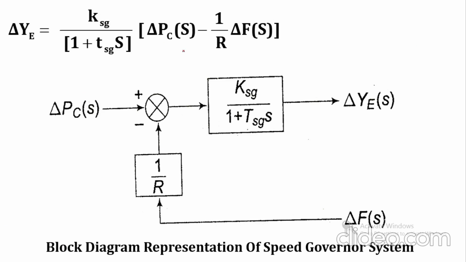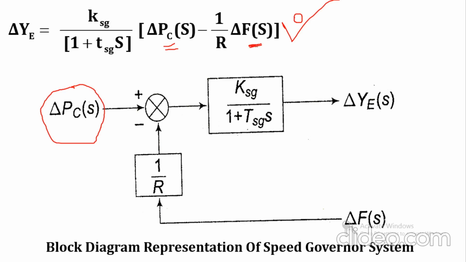So this is the final equation, and based on it I can draw the block diagram which represents the turbine speed governing mechanism. We have two types of input, delta PC of S and delta F of S. We know that the incremental power or power command signal is at the input side. So I will represent first delta PC of S, and frequency we will measure at the output side.